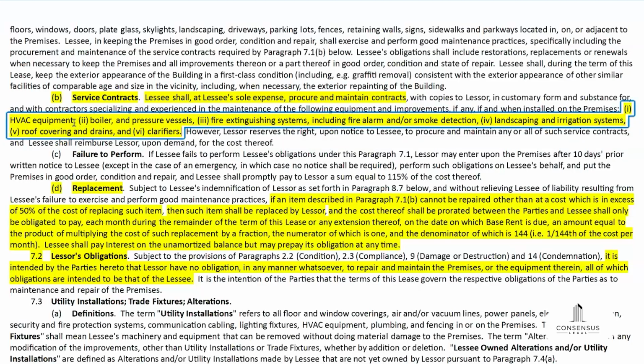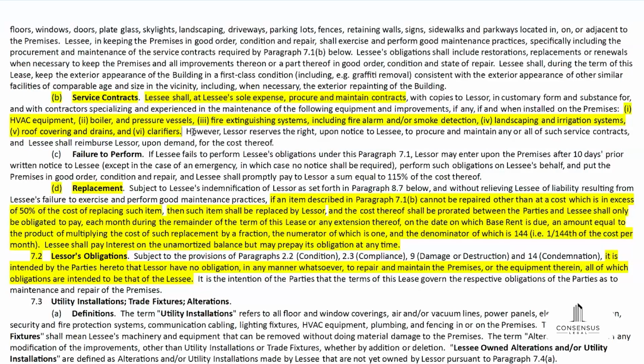So it's HVAC equipment is 1, boiler and pressure vessels, fire extinguishing systems, including fire alarm and or smoke detection. Number 4 is landscaping and irrigation systems. Number 5 is roof covering and drains. And 6 is clarifiers. So if any of these 6 items needs to be replaced, then lessor replaces it.